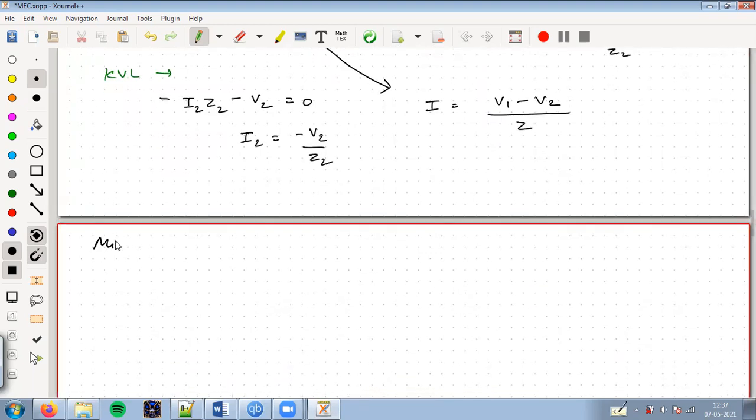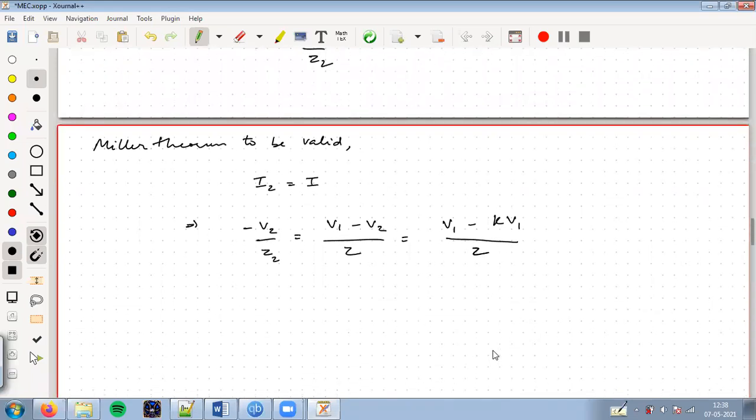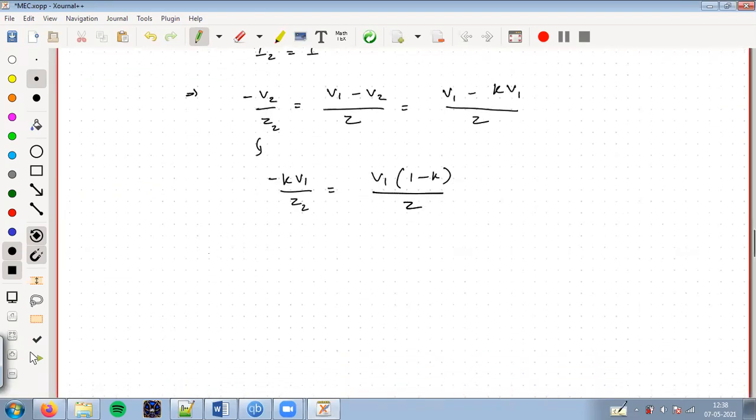Again, for Miller's theorem to be valid, I2 should be the same as I. So minus V2 by Z2 should be V1 minus V2 divided by Z, where V2 is K times V1. So solve this: minus K times V1 by Z2 is equal to V1 into 1 minus K divided by Z. V1 will get cancelled.